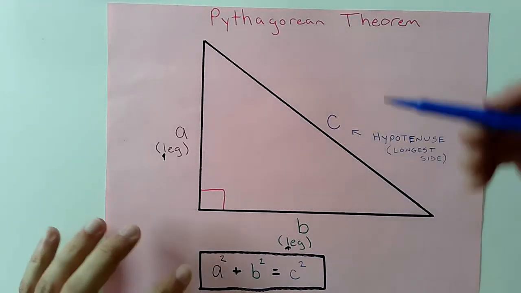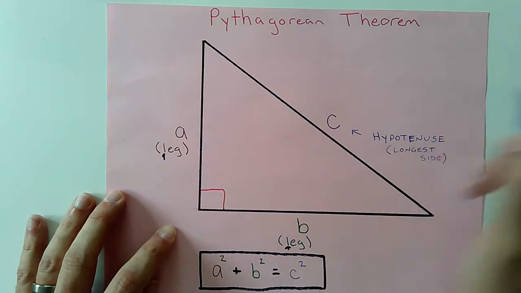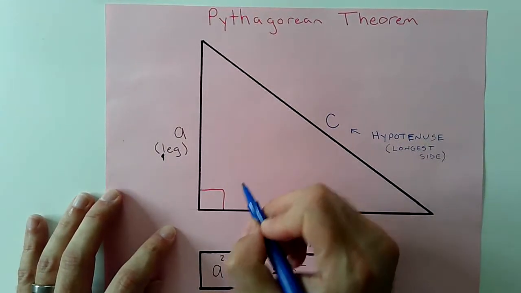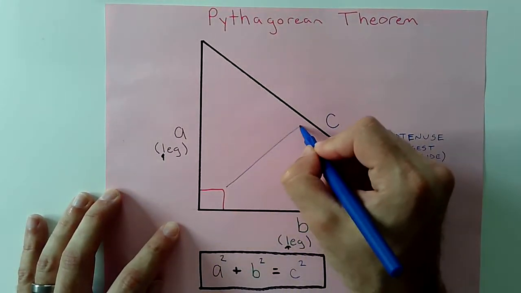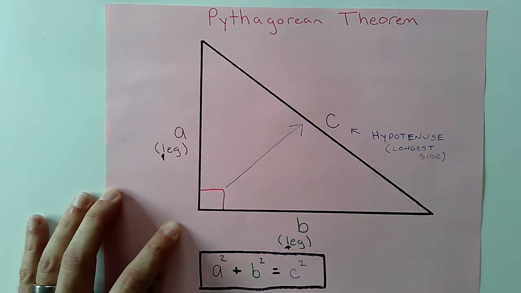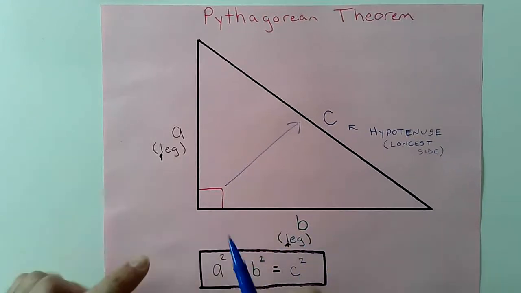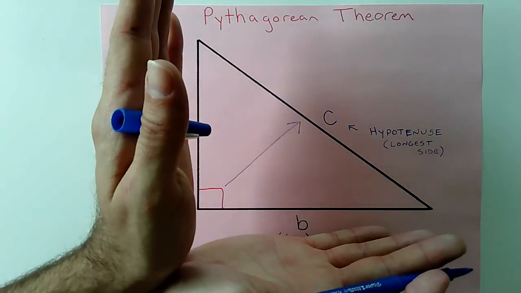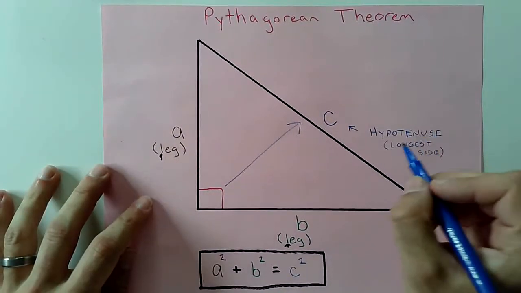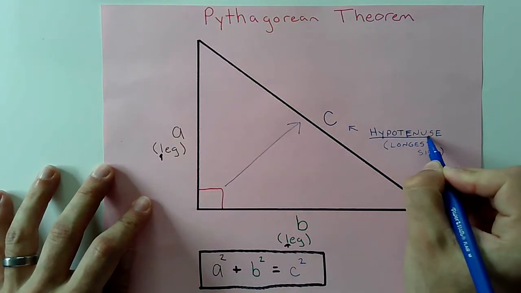The long side. Now look, this is important to note. A couple things to identify a hypotenuse. It is across from the 90-degree angle. It will always be across from the 90-degree angle. So the 90-degree angle opens up to what we call the hypotenuse.